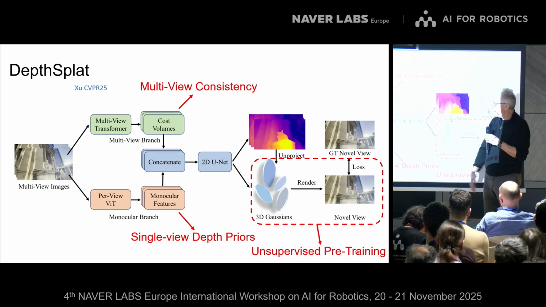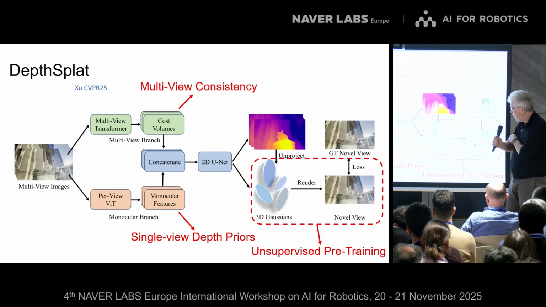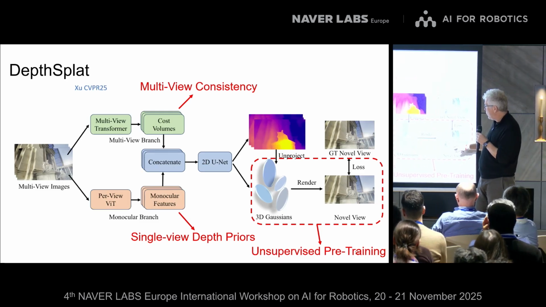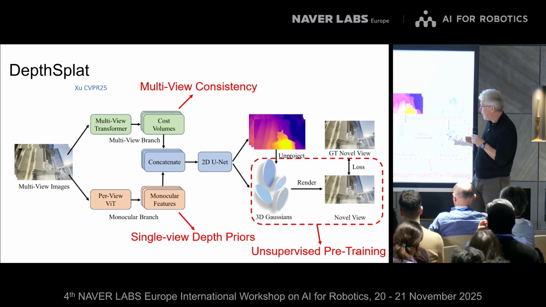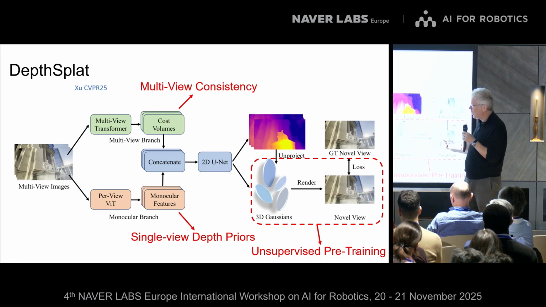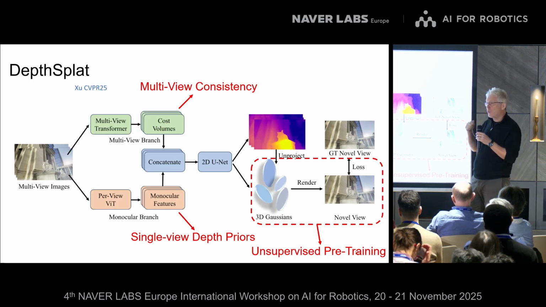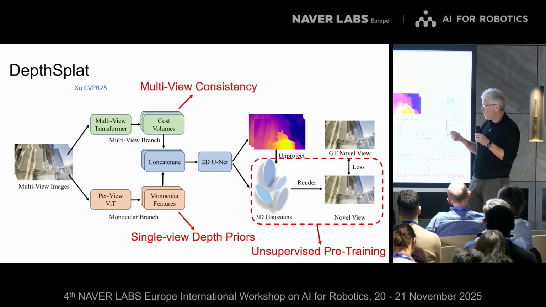Those have been our pre-trained networks. But then we can refine them and do fully unsupervised training. Because we're doing Gaussian splats, our goal is to render the best possible images.